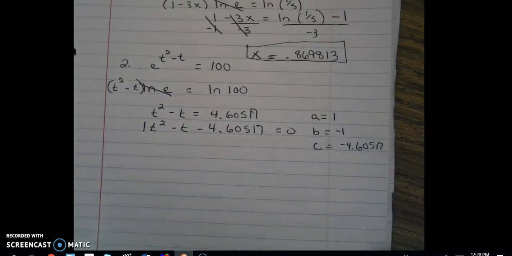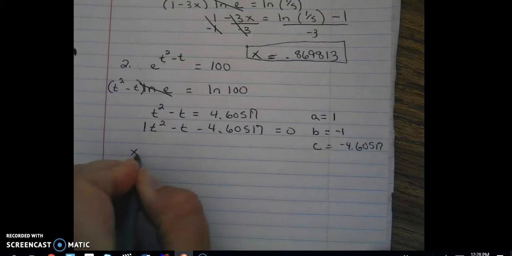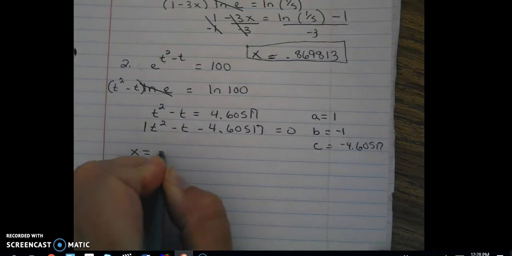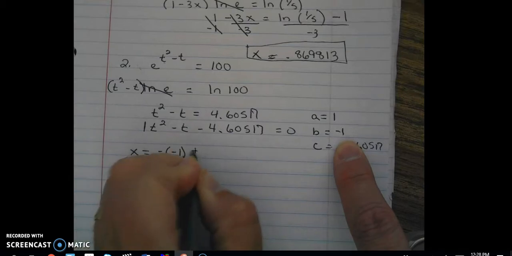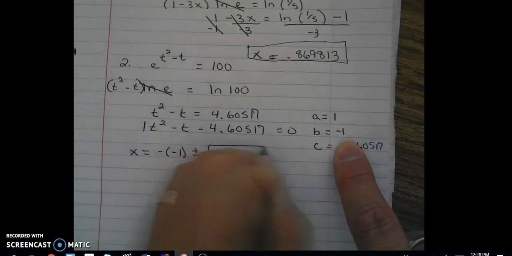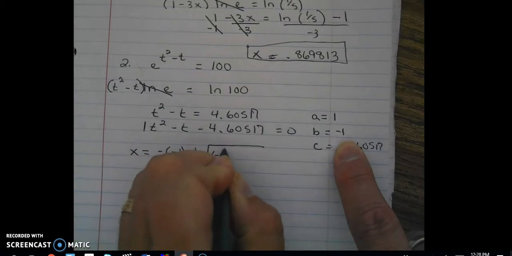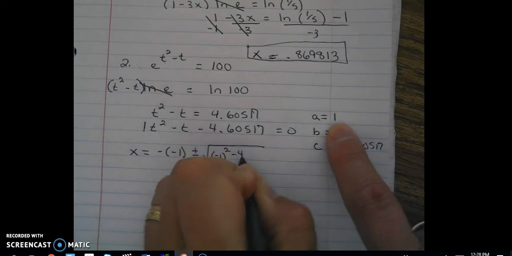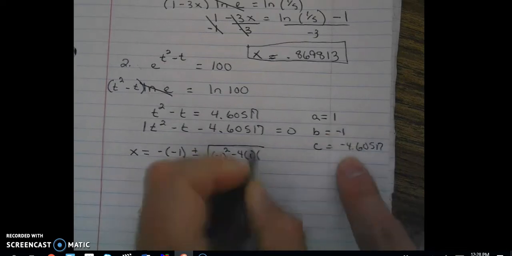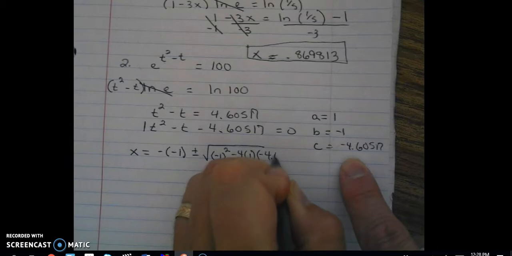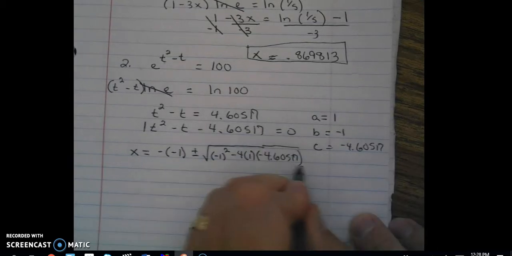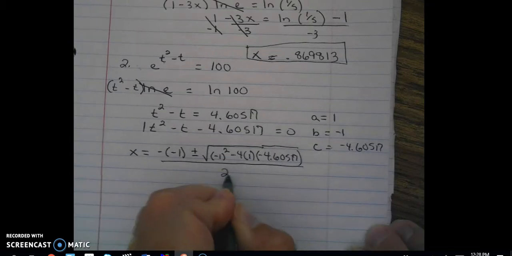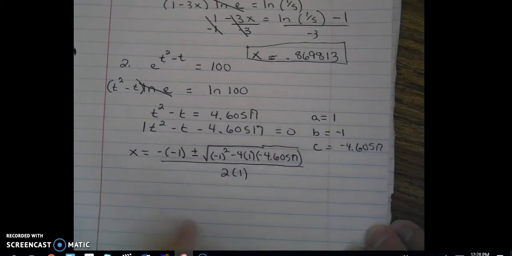Plugging it into the quadratic formula, x equals -b plus or minus the square root of b squared minus 4 times a times c, all over 2 times a.